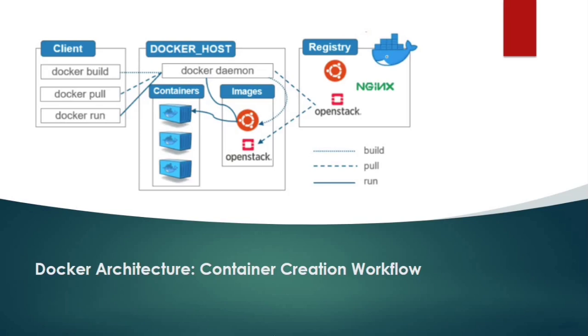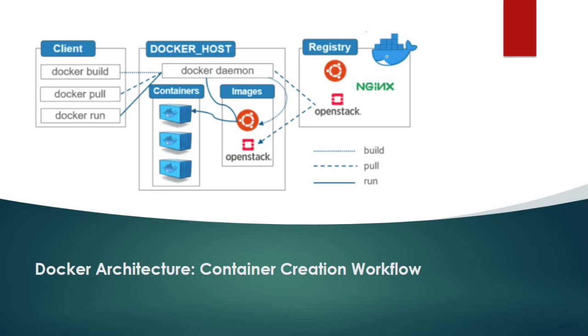Now let's go ahead and join the bits and pieces and try to understand the Docker architecture, how basically a container is created using the Docker components. The first one is the Docker client, which is a command line tool which interacts with the Docker engine.